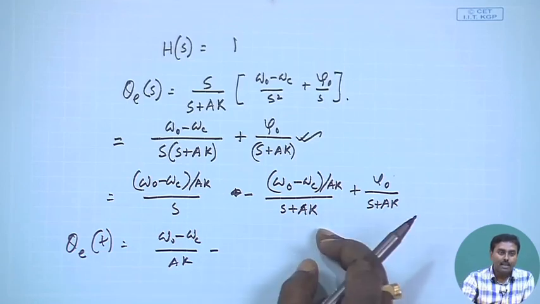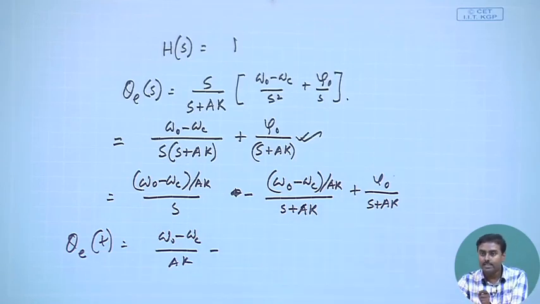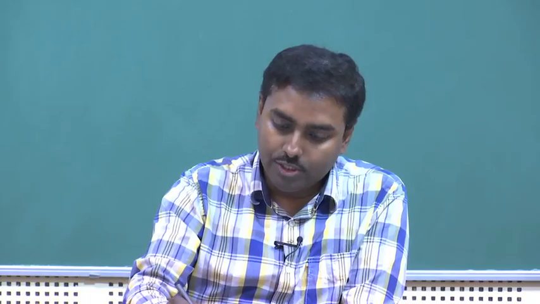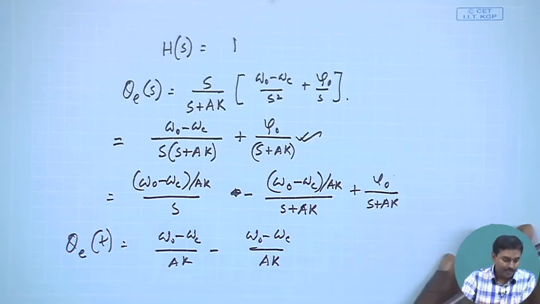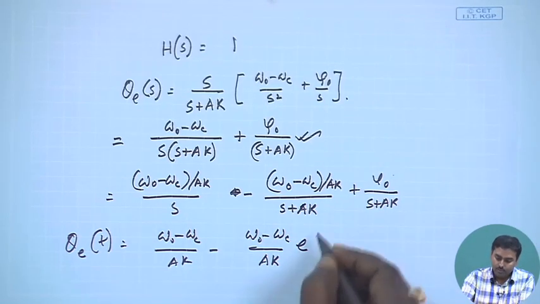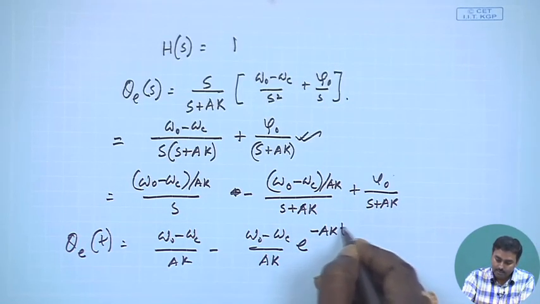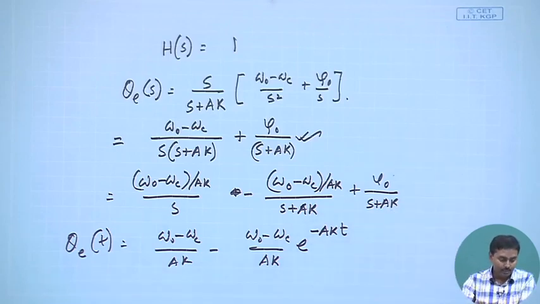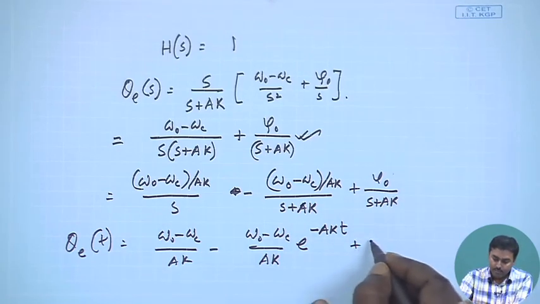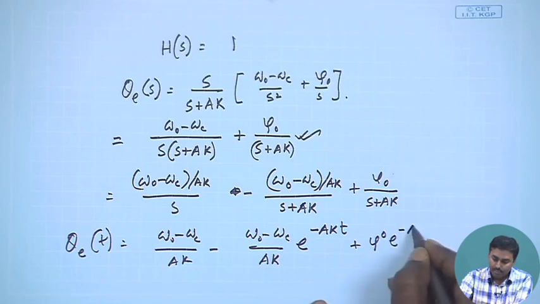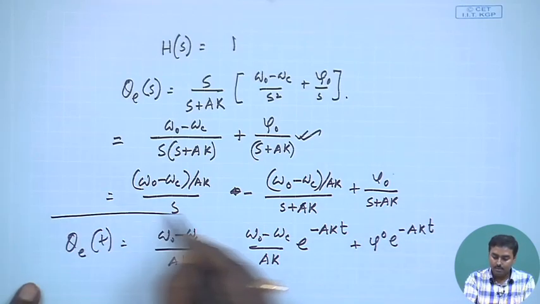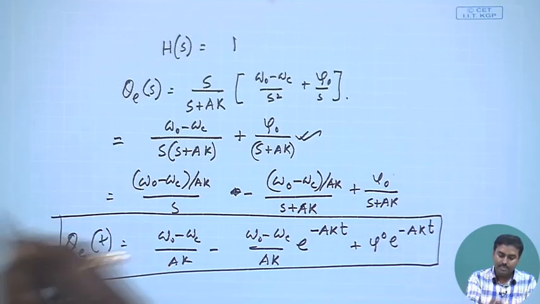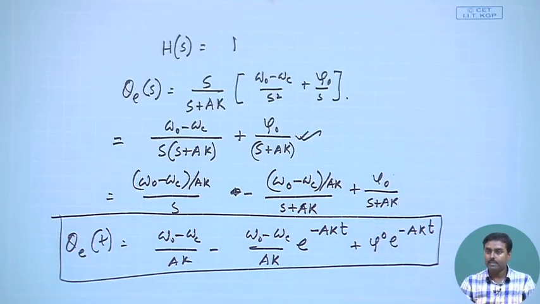Whenever it is s plus a k, it should have an exponential term, e to the power minus a k t. Same thing happens over here also, so that should be plus phi 0 e to the power minus a k t. So, I have got my phi e t, or theta e t, representation.